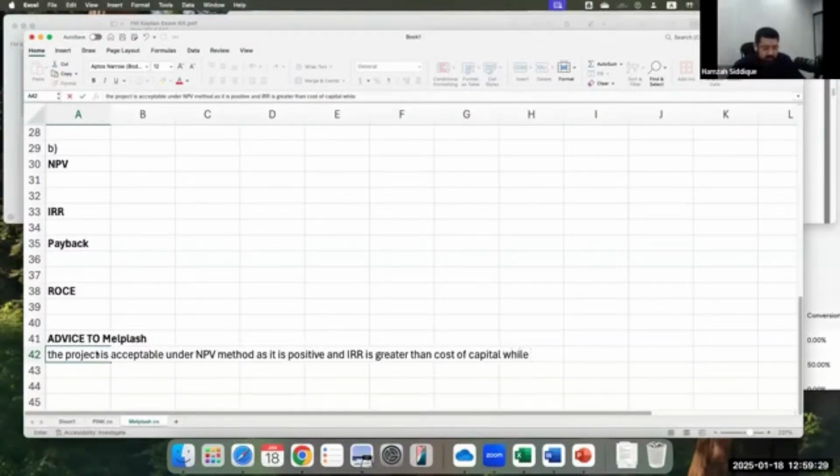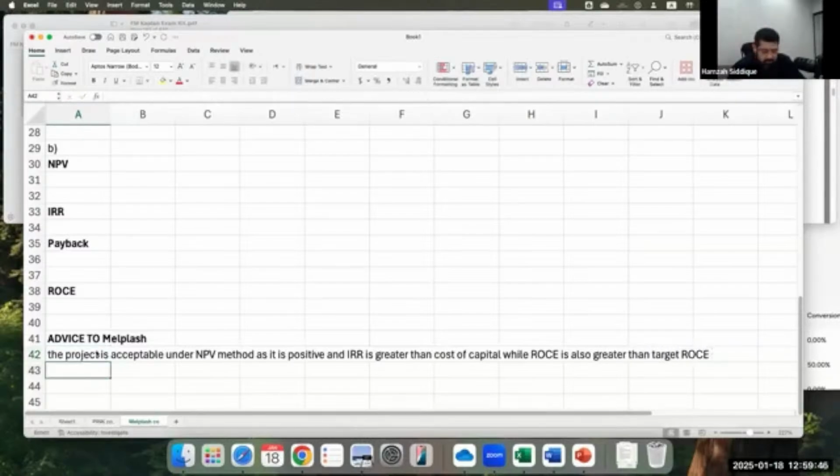While ROS is also greater than target ROS. So as per these three methods, it is acceptable.